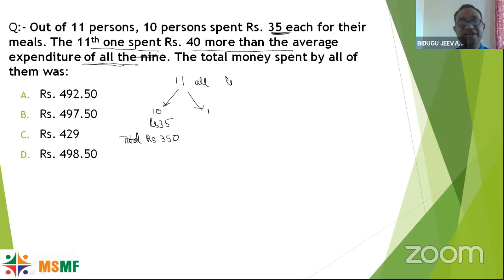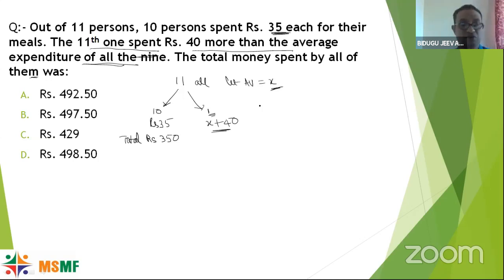So let us say average is X. Fine. How much this person spent? 40 rupees more, that is X plus 40. Average is X, X plus 40. What is the total money spent by all of them? Total money means, what is this amount? What is the average? Right.